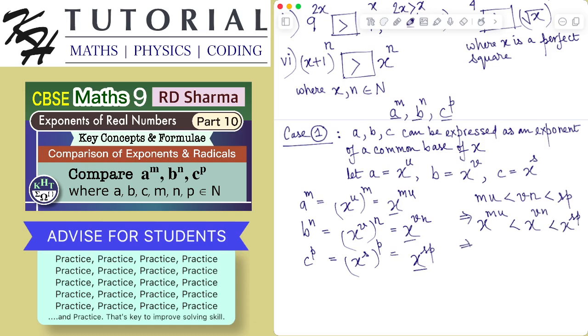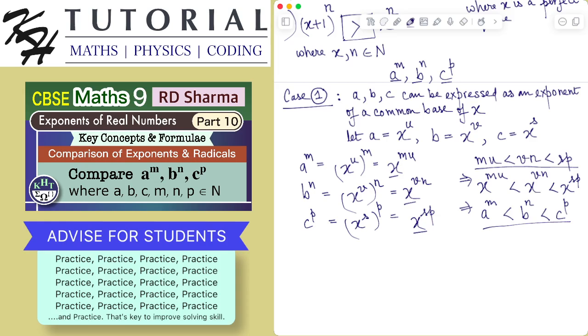So this implies a to the power m will be less than b to the power n will be less than c to the power p.